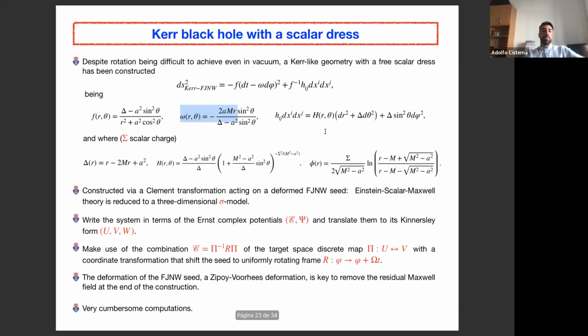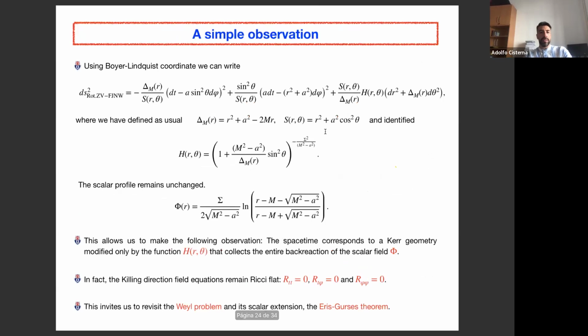So we realized, look, we have Kerr, and it seems that the scalar field is only hitting the non-Killing sector, and we were trying to understand why. This is a simple observation we made: if you take a rotating spacetime and write it in Boyer-Lindquist coordinates, and you tune the Boyer-Lindquist ansatz by putting an extra function in front of the non-Killing sector, you can actually integrate the field equations immediately.